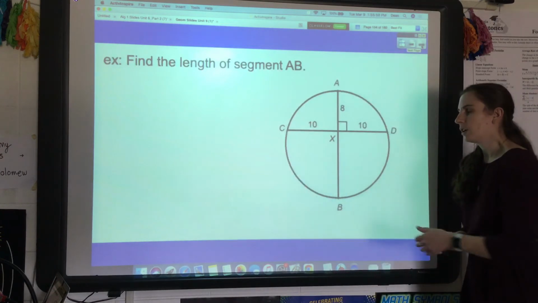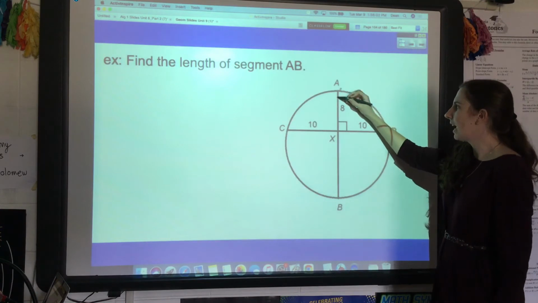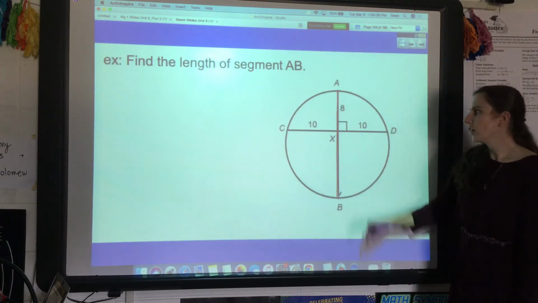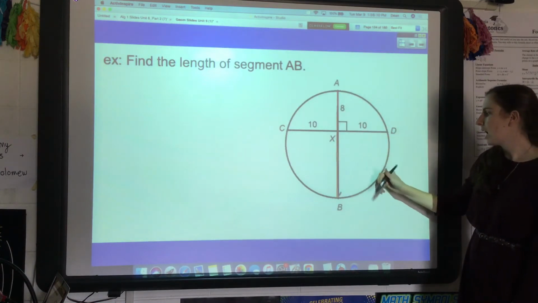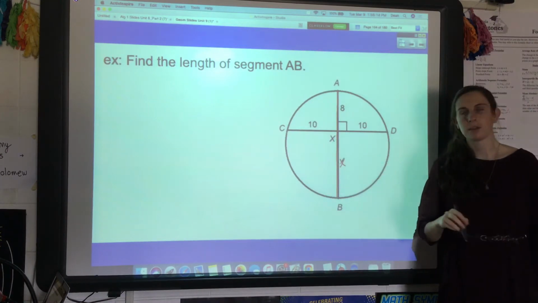All right, let's try one more of these. I want to find the length of segment AB. To be clear, I already know this is 8. So all I really need to find is this piece. I'm going to call that x. I know there's already an x here, but I'm going to call that x just because it's missing.